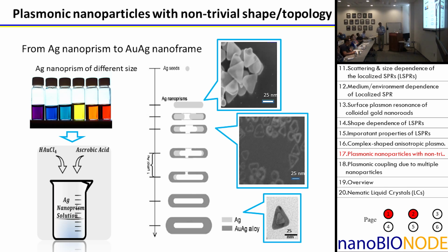Different beautiful colors, right? And it's all the same material, right? But then as you would be adding gold, this gold wants to cover the edge sides of the prisms, and by controlling this process very precisely, you can get nanoframes, like you see the ones in here, right? And you can also get nanoboxes, right? Very elaborate shapes, right?